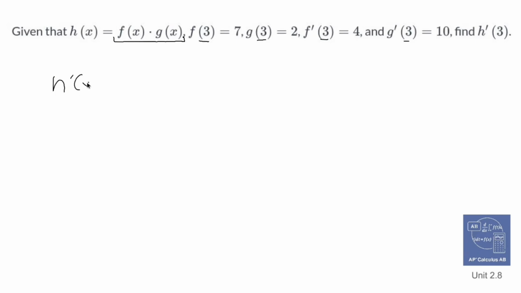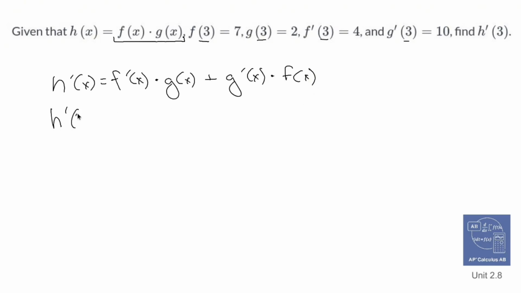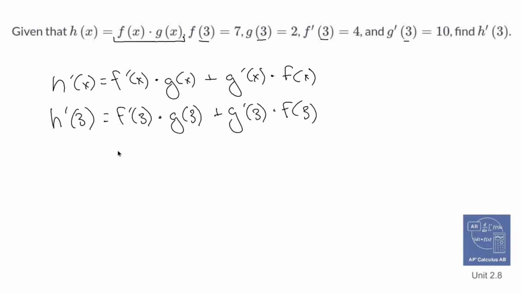So h prime of x is going to be the derivative of the first guy multiplied to the second guy as is, plus the derivative of the second guy multiplied to the first guy as is. Which means if I were to plug in 3, it would be f prime of 3 times g of 3 plus g prime of 3 times f of 3, like that.